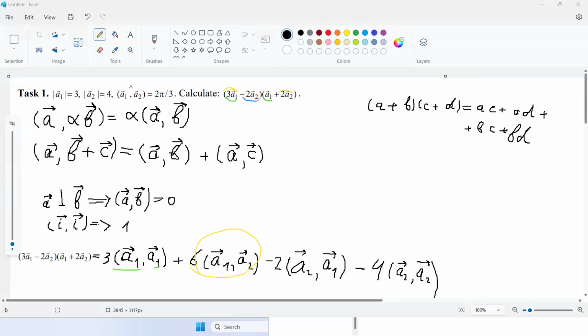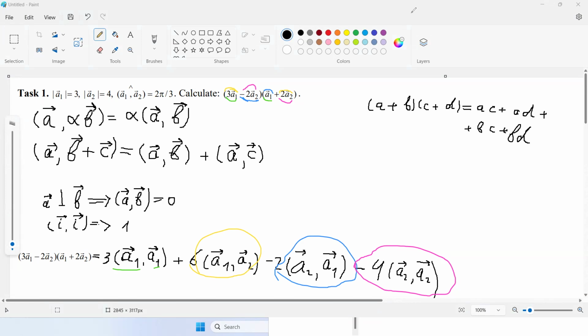Then minus 2a2 by a1, this one, and this and this, and we have this part. So is it understandable? Any questions? No.